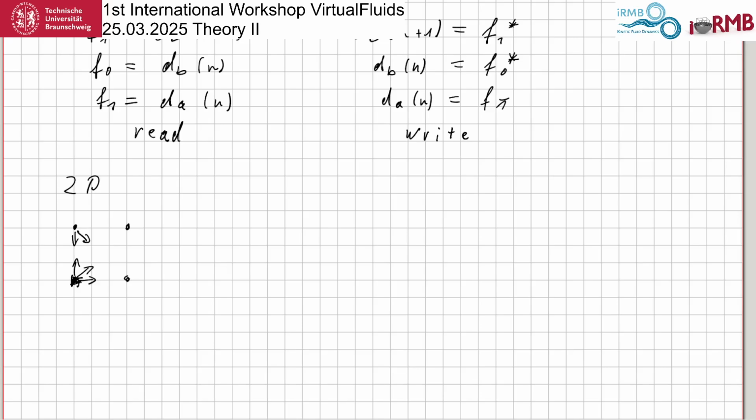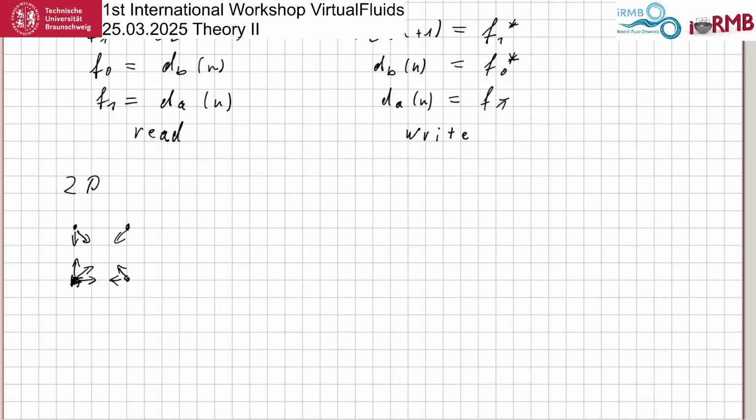Then we store these things going here to the neighbor to our north. Then we store these 2 here in the neighbor to our east, and to our northeast we store the one that's coming to the southwest.